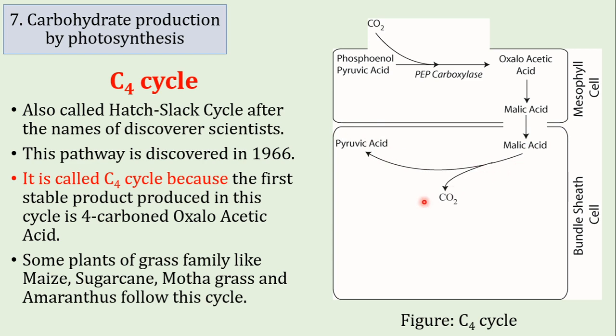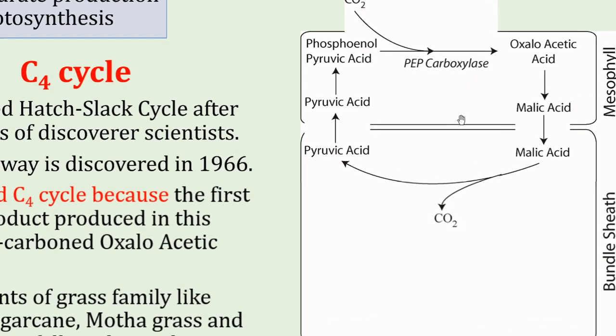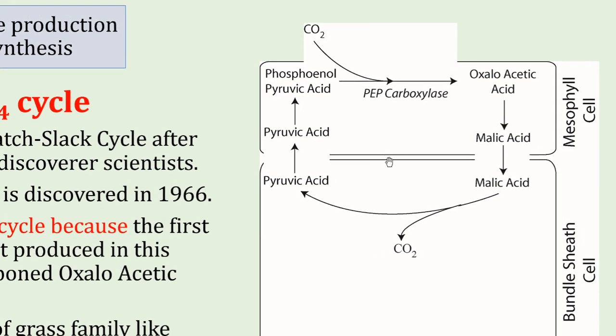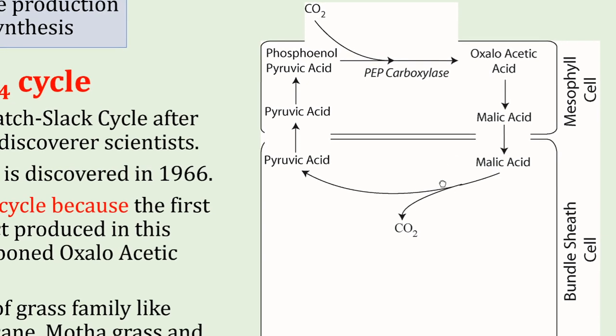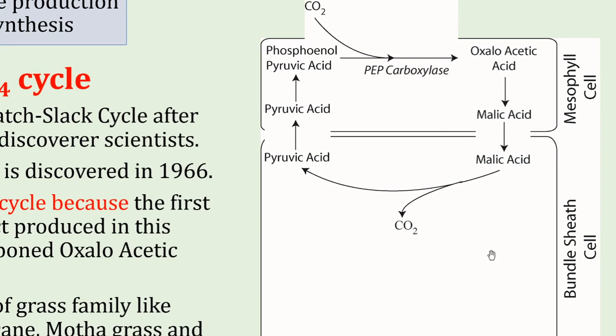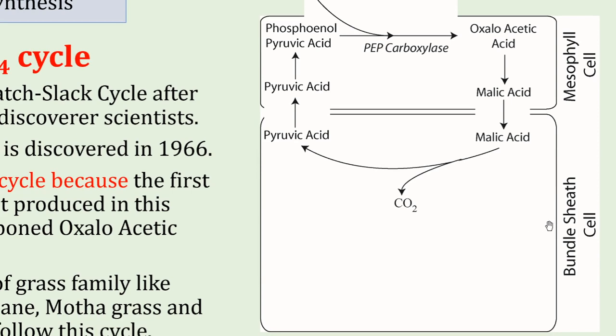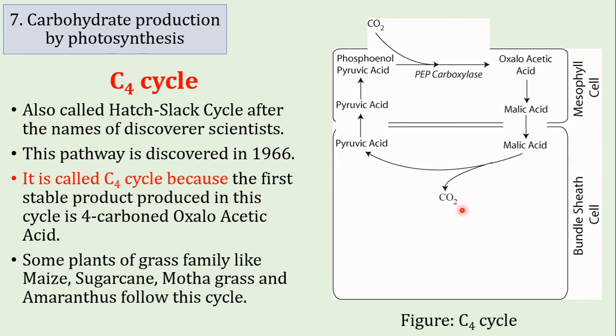A single carbon is lost in the form of carbon dioxide, so this carbon dioxide is released in the bundle sheath cell cytoplasm, and the pyruvic acid then returns to the mesophyll cell and regenerates into phosphoenolpyruvic acid. So the carbon dioxide is first captured in the mesophyll cell, then travels to the bundle sheath cell and is released there, and this carbon dioxide enters the C3 cycle, or Calvin cycle, to produce glucose.